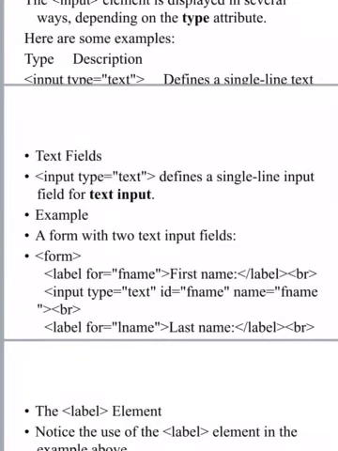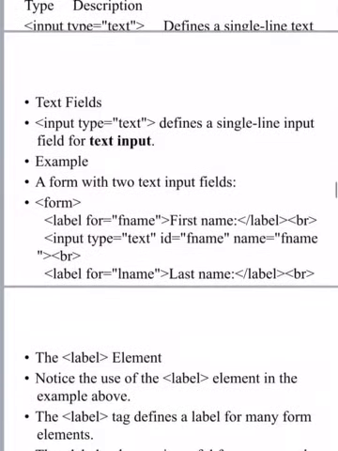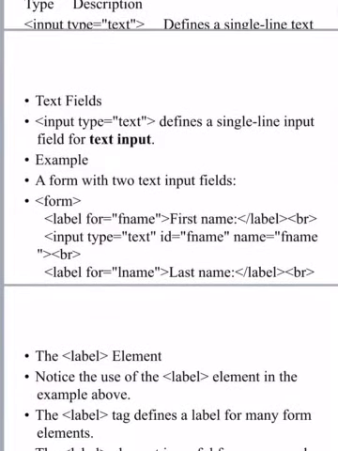Input type is equal to text, so whatever input we give in the form is of type text, and for that input we are giving an id called fname, and name as fname, and then we are giving a break tag so that after a label and an input box or text box, we get a new line.